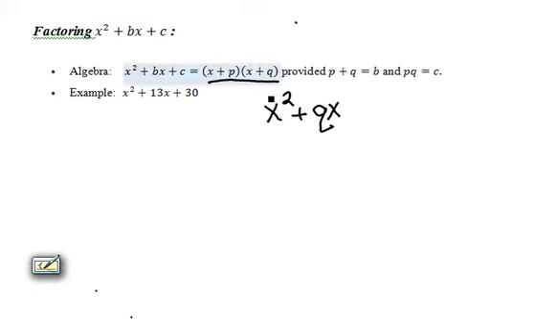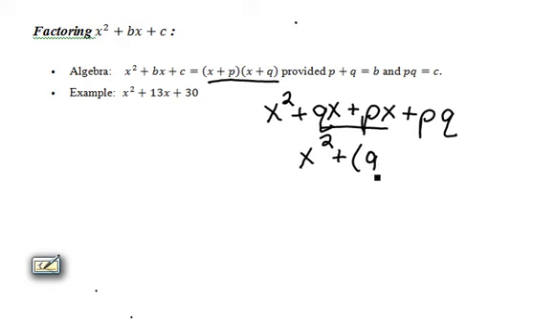Multiplying my inside terms together I would get plus PX, and then finally I can see that my P times Q gives me plus PQ. Now because I can combine my middle terms, I'm going to write that as x squared plus the quantity Q plus P times x plus P times Q.